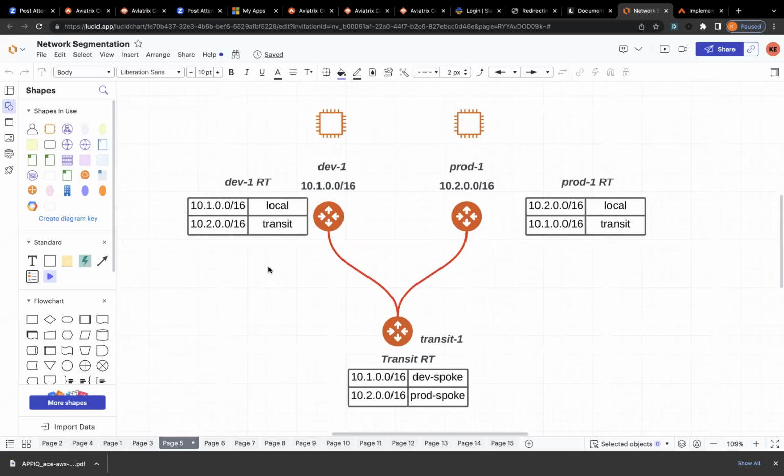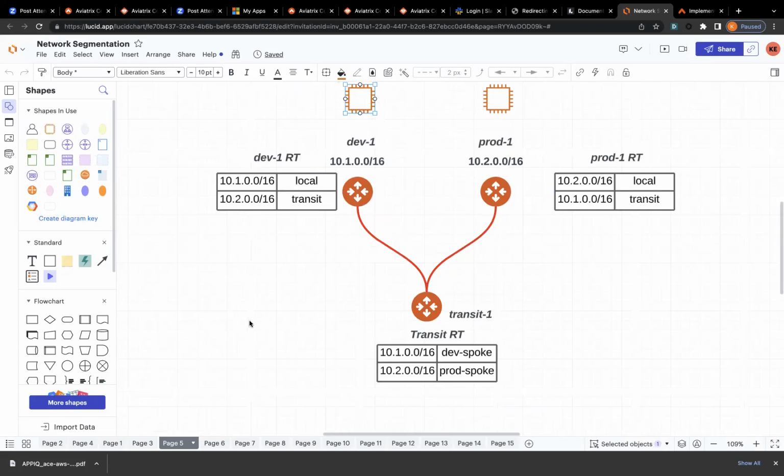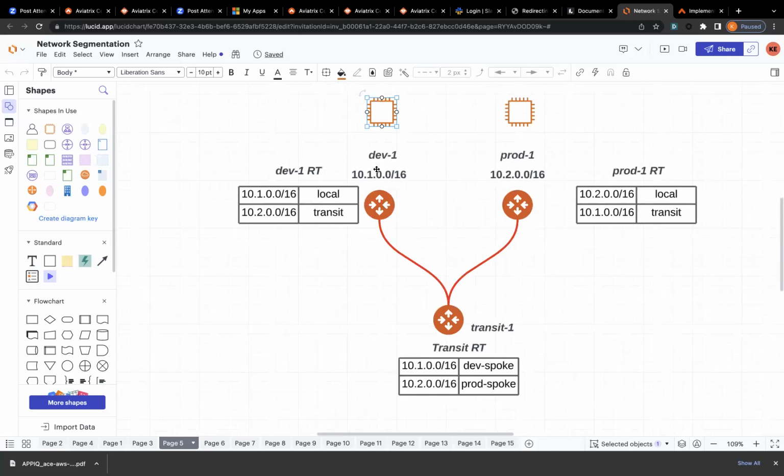So if you're not doing network segmentation, you have a prod1. Again, I've made it simple. This is a spoke gateway inside the VPC, and we have a workload inside that VPC. Similarly, dev1 is a VPC that has a gateway. It has a CIDR of 10.1, and it has an instance inside that VPC. So if you don't do any network segmentation, dev1 is going to have the route to itself, which is 10.1, obviously, and it's going to have the route to 10.2.